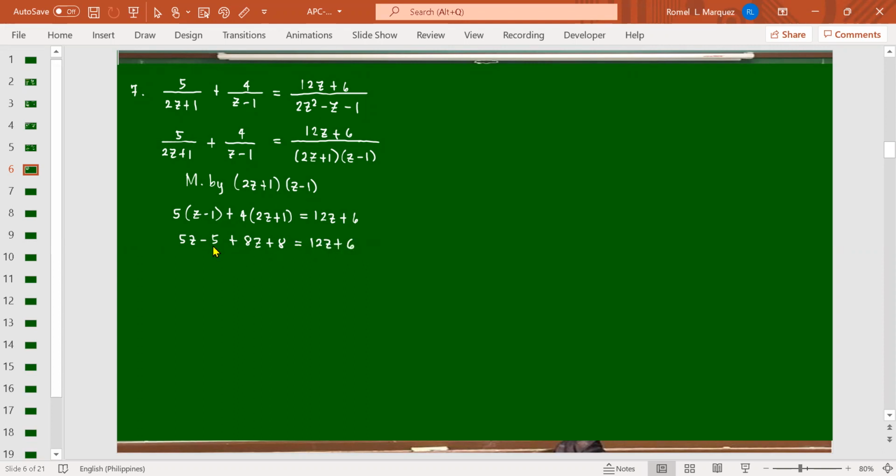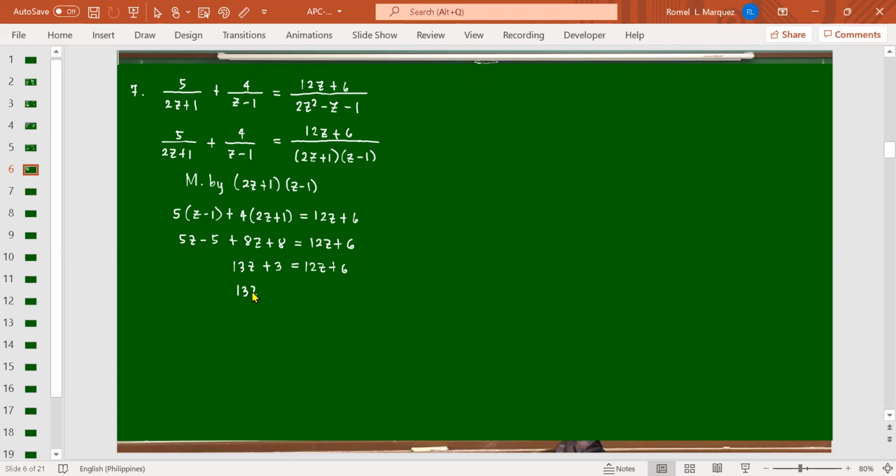Let's combine similar terms. So this is 13z and then plus 3 equals 12z plus 6. Now, we want terms with variable on the left side, constant terms on the right side. So we add negative 12z on each side, and also we add negative 3.